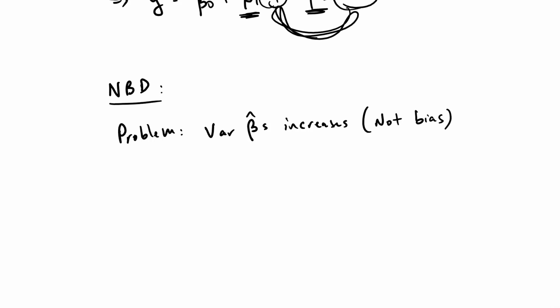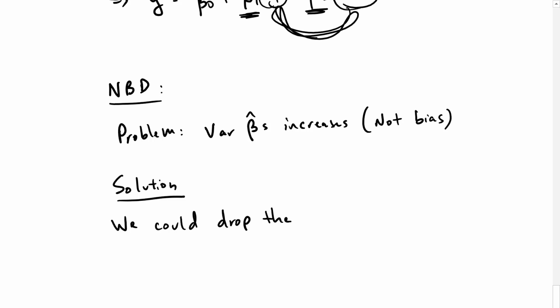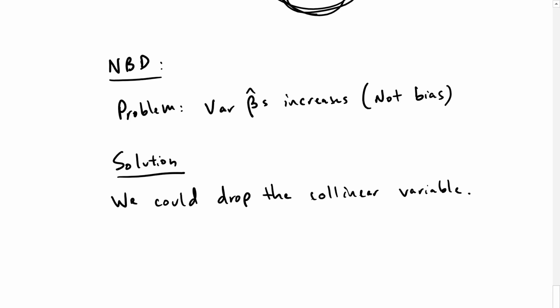And the solution, one possible solution, is that we could drop the collinear variable. And in this case up above, that would be x2.